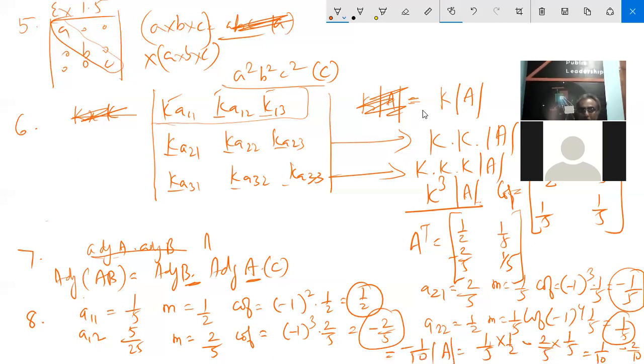So determinant of A is equal to minus 1 by 10. So A inverse is equal to minus 1 by 10 into, that is minus 10, half, minus 2/5, 1/5, 1/5.